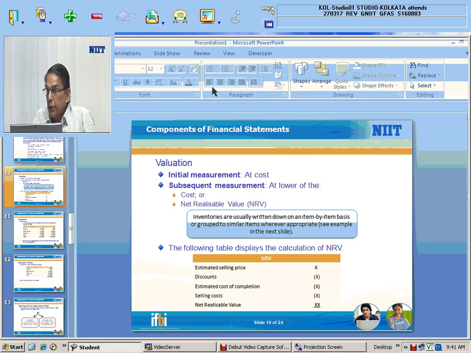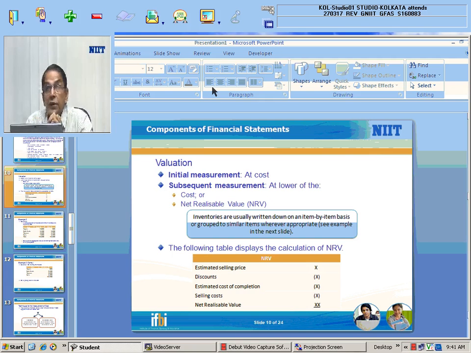Conservatism or prudence. So Shubham and Vishal both have come with the correct answer. It is called the conservatism concept. You have to be conservative. Prudence or conservatism concept, that is the right answer. Thanks to both of you, Shubham and Vishal.